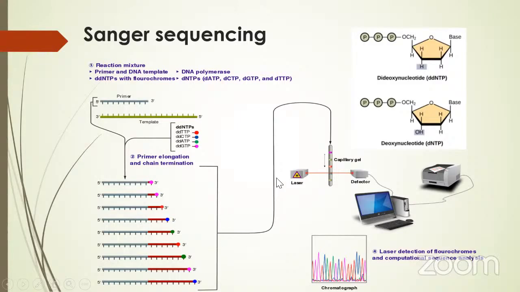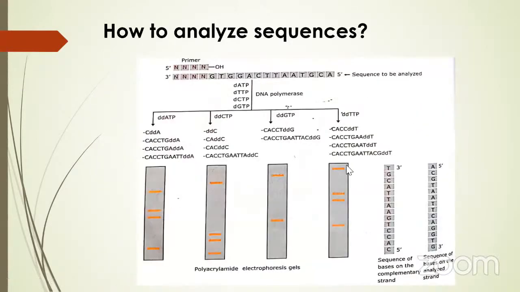From bottom to top we will count it, and then we will convert it to 5' to 3', because sequencing always happens from 5' to 3', and what you are getting is the complementary strand, the newly synthesized DNA. But the question will be asked: what is the template strand sequence? So the answer will be this. Always remember two things: count from bottom to top and convert it into 5' to 3'. Then the answer is correct.